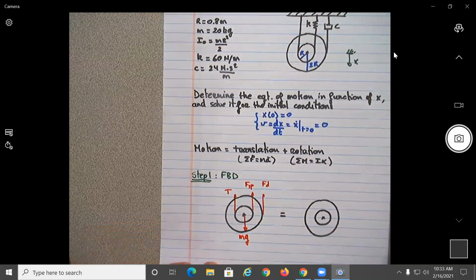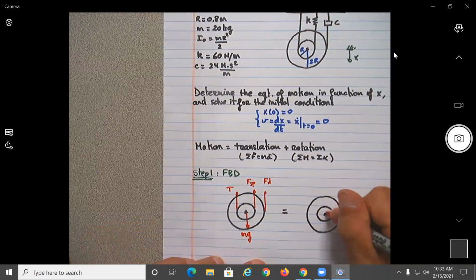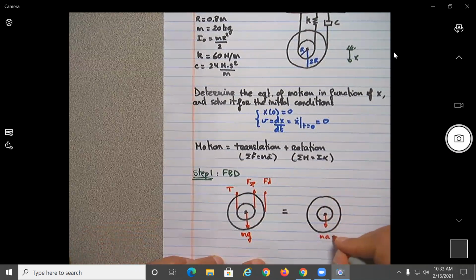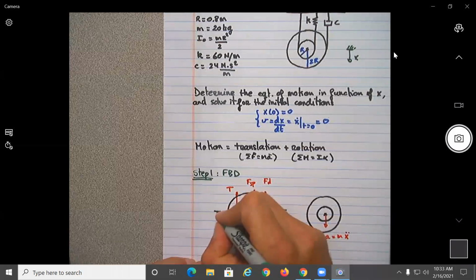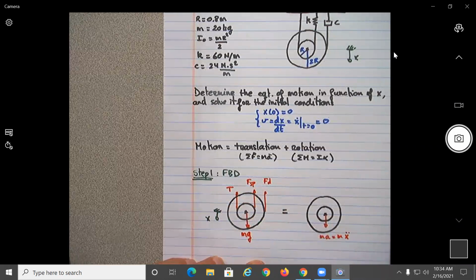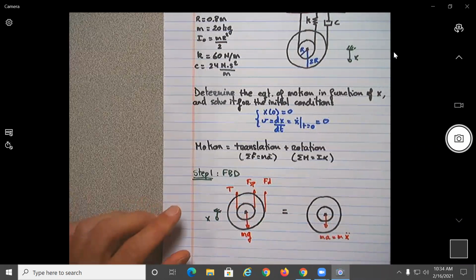Okay, and then this will be moving how? You can do it up or down, it doesn't matter. So it will be MA, which is m x double dot. This is our x over here. So we selected that direction positive.